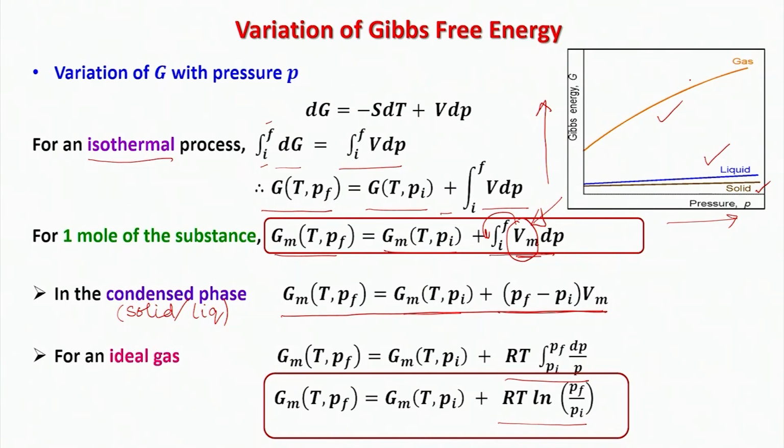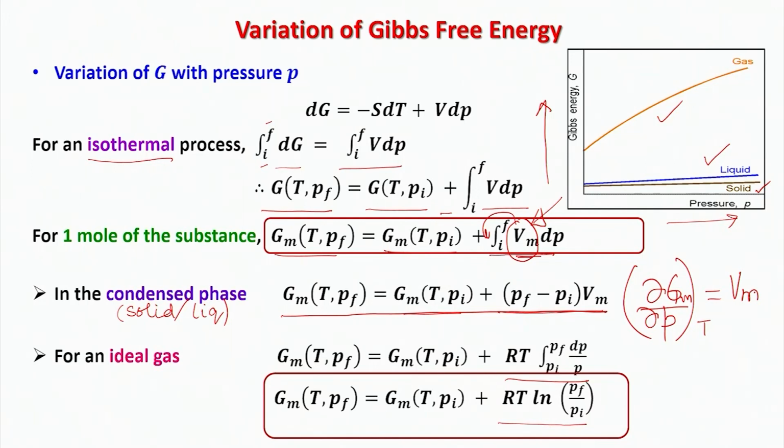That is simply because I understand that (del G/del P) at constant T is equal to V. And if I'm looking at the molar volume, then this is Vm. At a given temperature T, which phase will have the largest molar volume? The gas phase, of course.